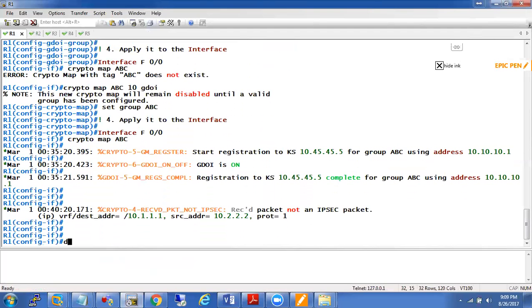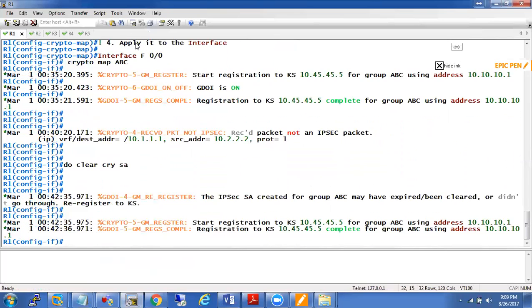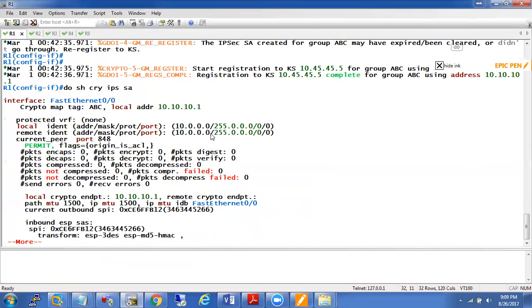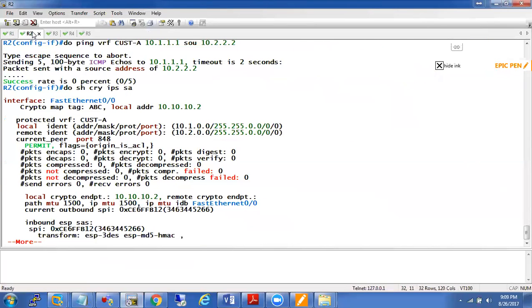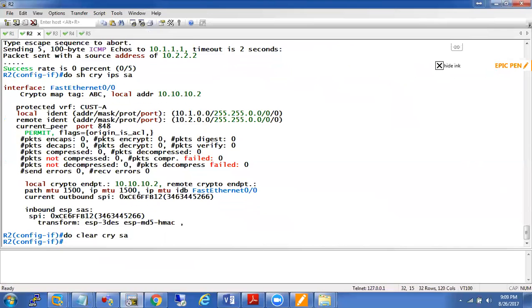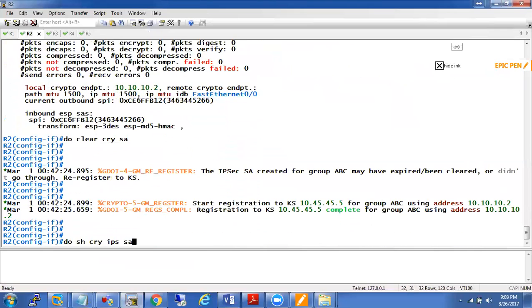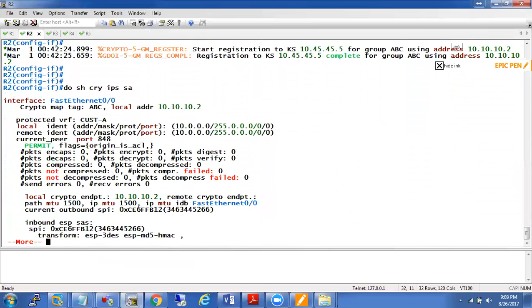Let's go to 1. Clear crypto SA. Registration complete. Show crypto IPsec SA. 10.0.0.0 is good. This will reset your registration. 10.0 is good.